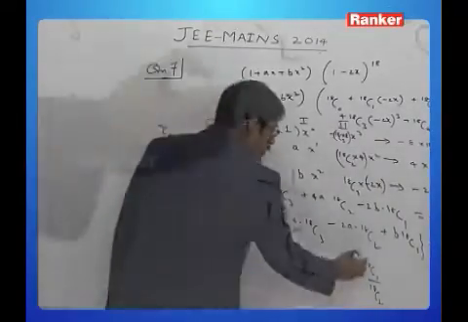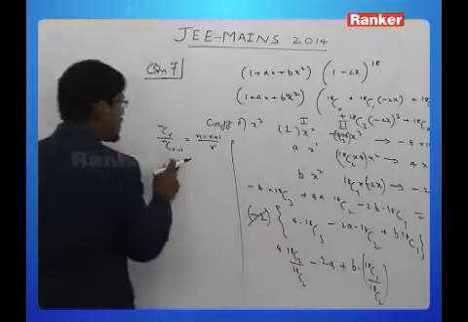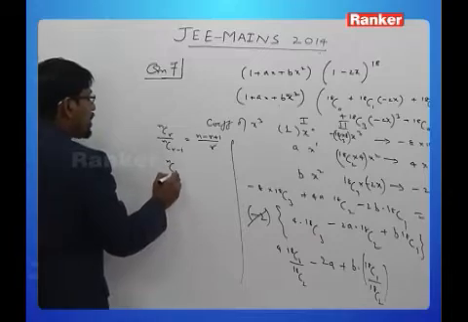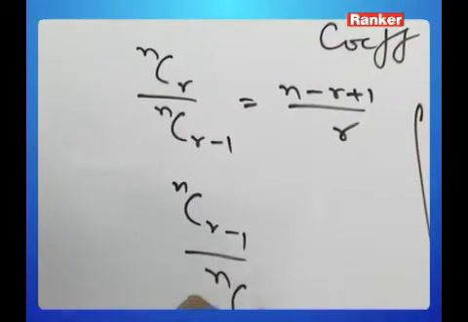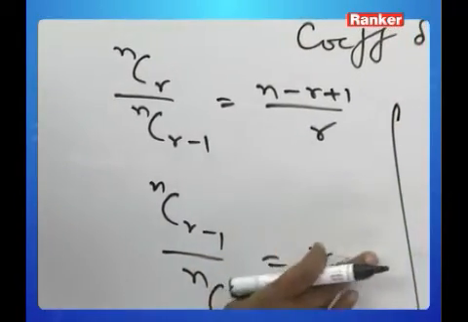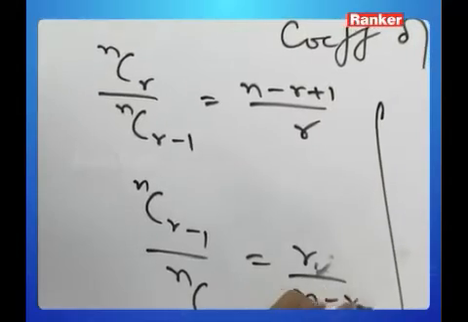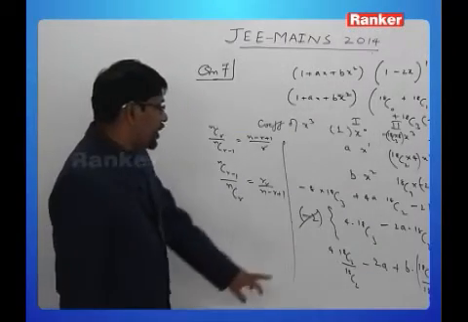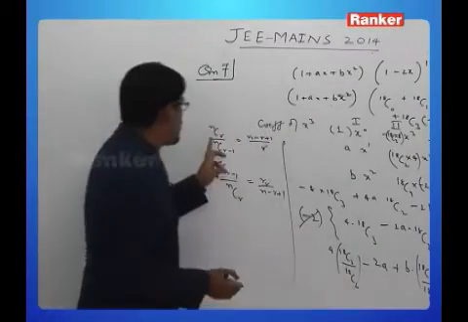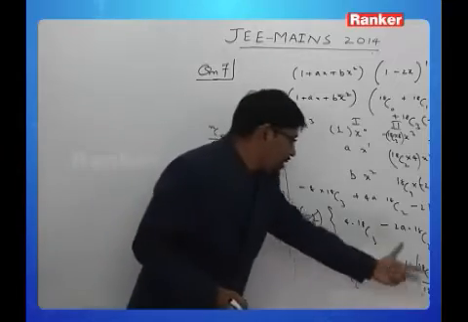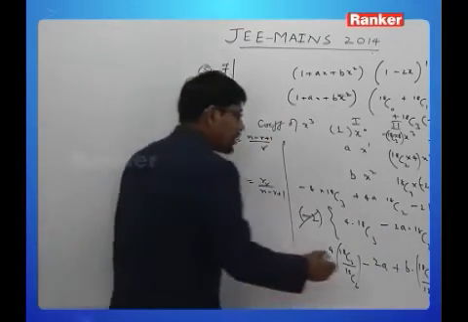So this is a reciprocal of this identity. What is NCR minus 1 by NCR? That's going to be r by n minus r plus 1. So when it comes to this, I'm going to use this identity, and when it comes to that, the reciprocal will be used, and that is equated to 0.